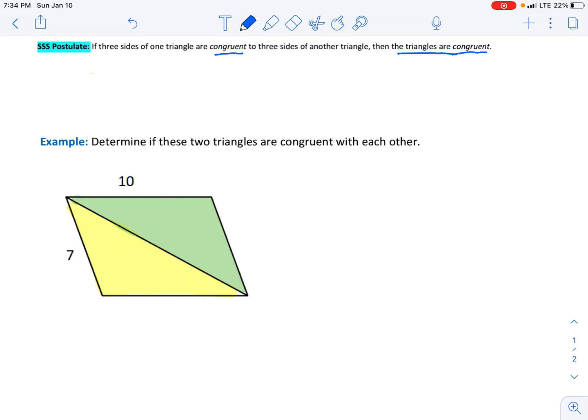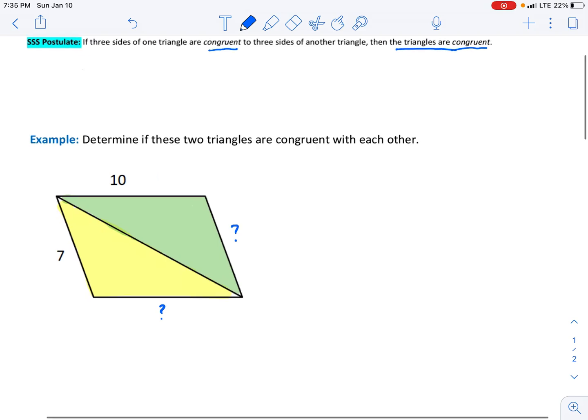Okay, so we know that one of the sides for this yellow triangle is length 7, and that one of the sides for this green triangle is length 10. Now I'm going to ask you to think about what we know about parallelograms in terms of these missing side lengths. Because we don't have what these side lengths are given in the problem, but we do know something about parallelograms that will help us fill in these question marks.